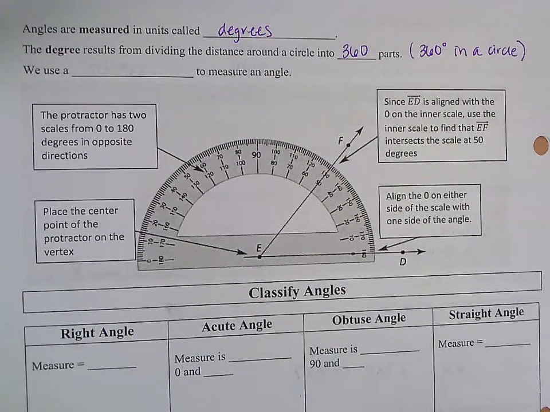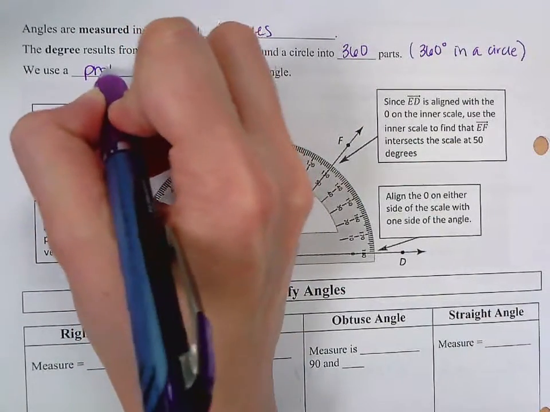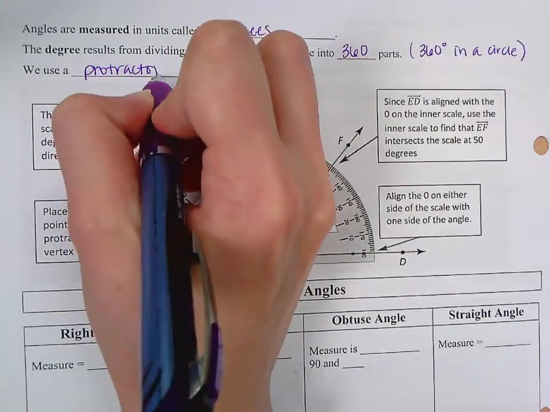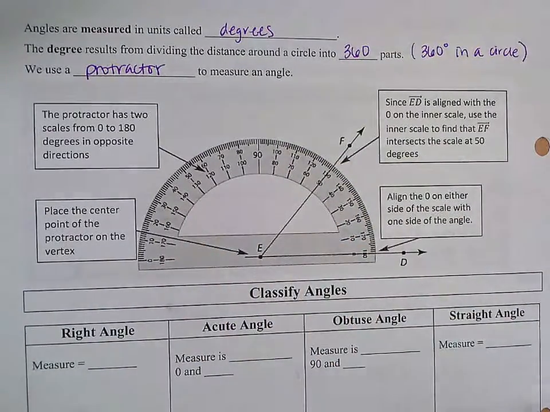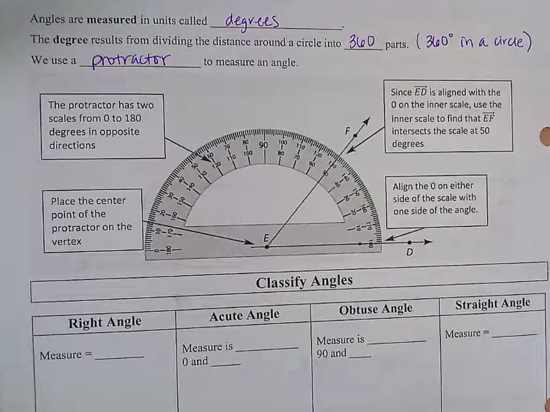And then the tool used to measure an angle is called a protractor. And that is this thing, this half circle thing that you see on your sheet. And it tells you how to use a protractor.